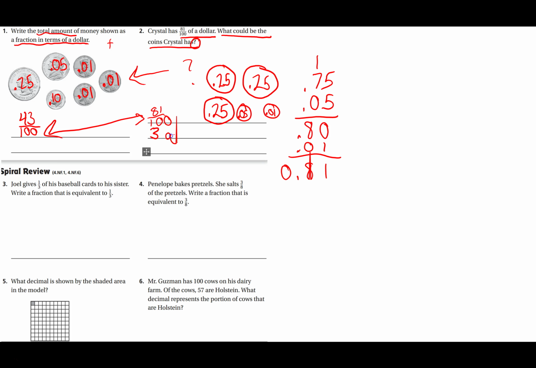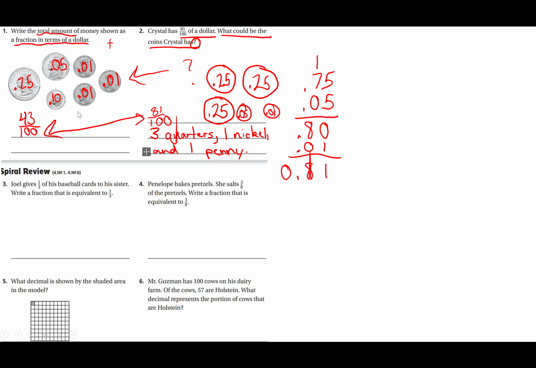Okay, so now 3 quarters, comma, 1 nickel, and 1 penny. Those are the coins that I would have.